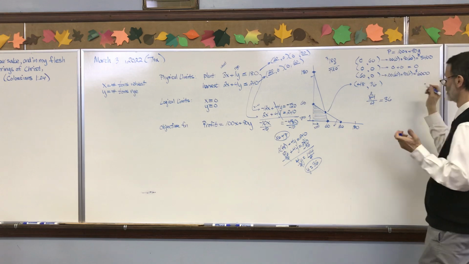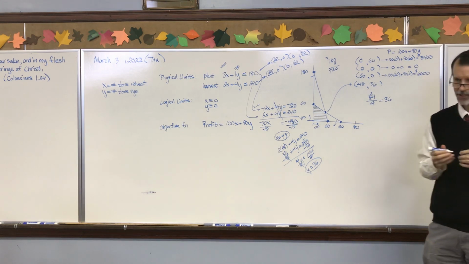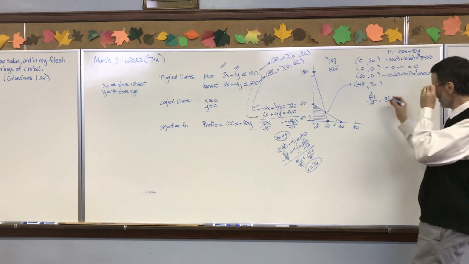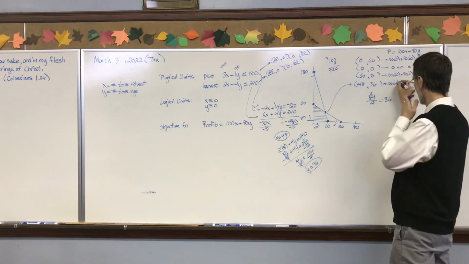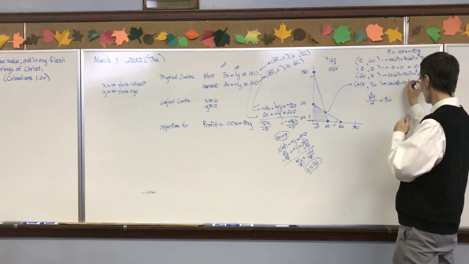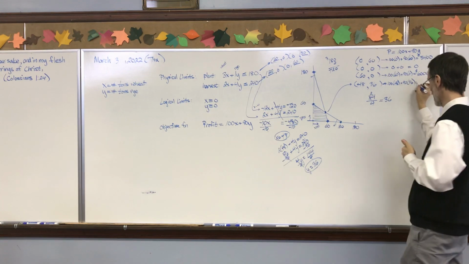Now the 48 and 36, you're going to have to do 100 times 48 plus 90 times 36. So do a little bit of math off to the side.